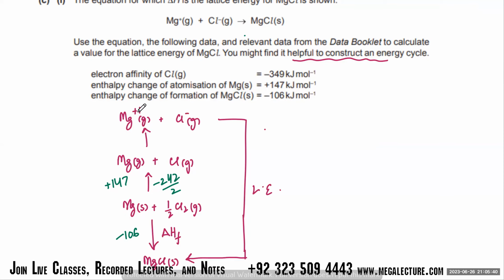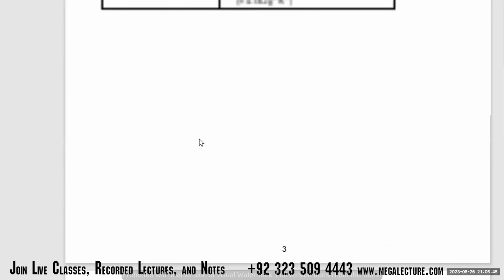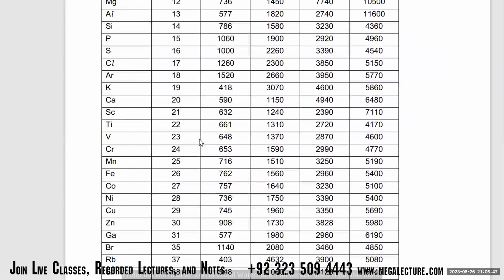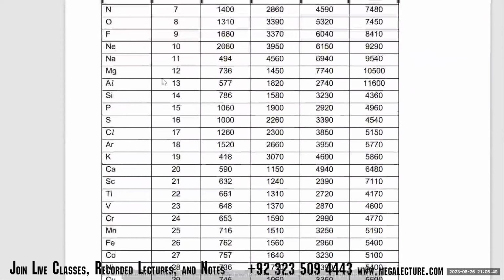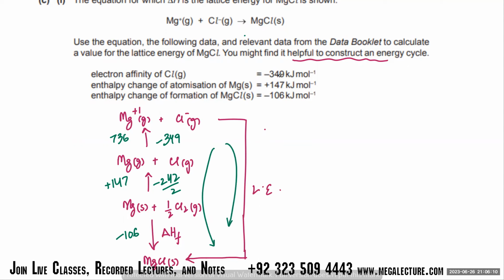Where's the ionization energy of Mg? We're going to take it from the data booklet. Mg's first ionization energy is 736. The electron affinity of Cl is given, that's -349. So we've got one path being equal to the other path.